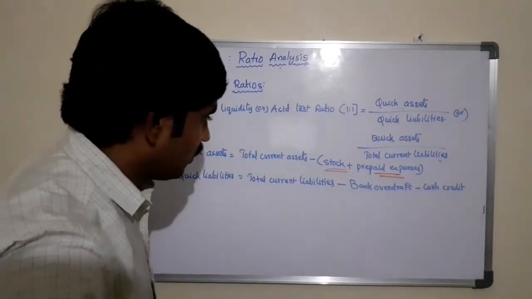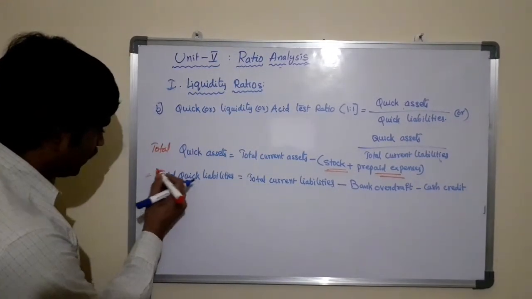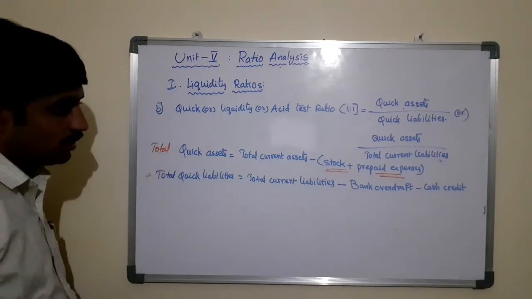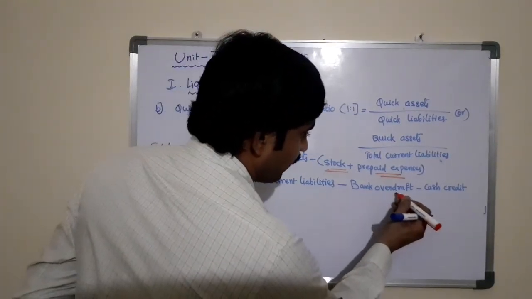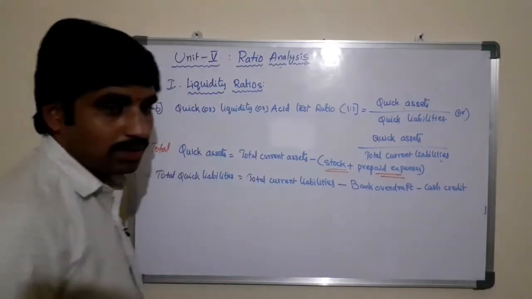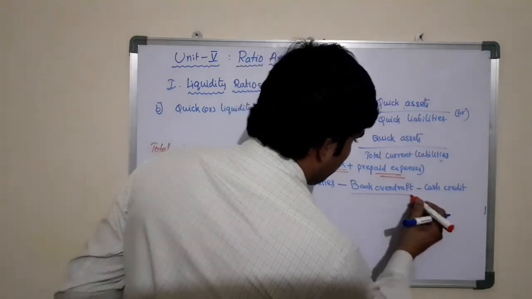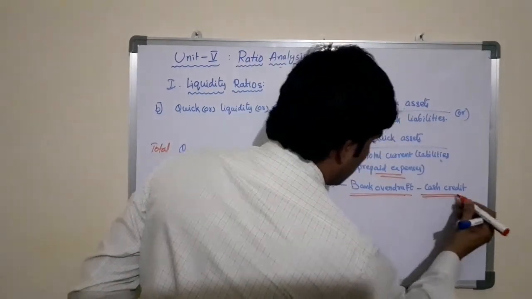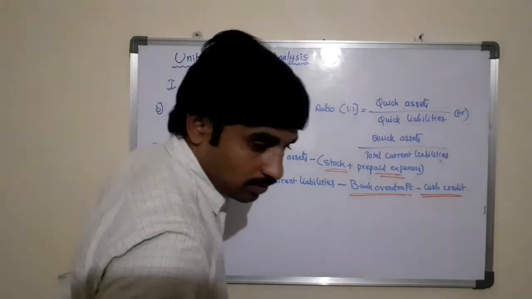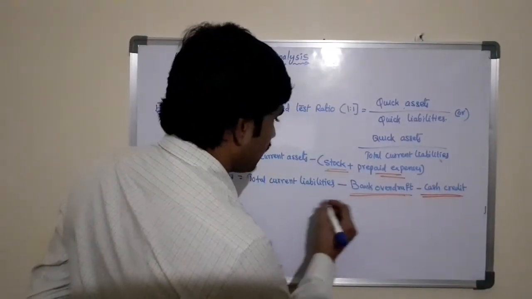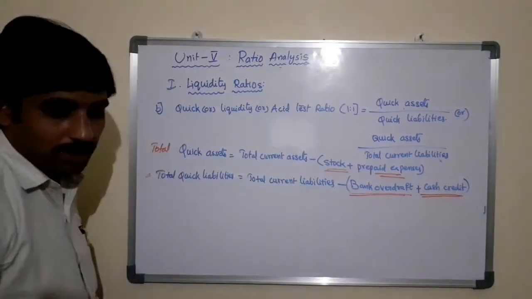So this is the formula to attain the total quick liabilities, that is total current liabilities minus bank overdraft minus cash credit. So we need to exclude bank overdraft and cash credit from the total current liabilities, or you can also write this as total current liabilities minus of bank overdraft plus cash credit.